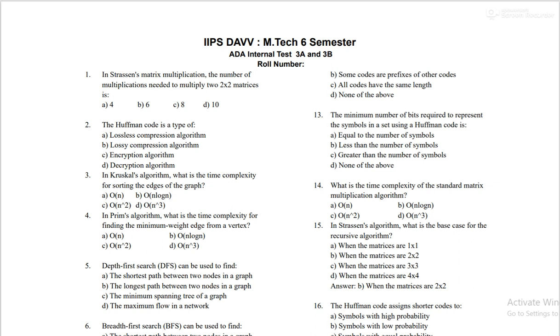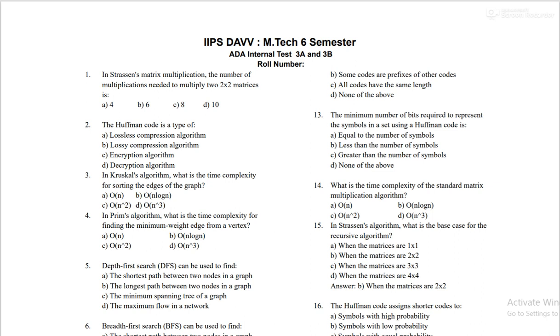After that we will start making the graph with the least weight of the edge. So for sorting the edges, the time complexity required is big O of n log n, that is option B. As we know, sorting algorithms have a time complexity of order of n log n, so sorting the edges in ascending order will require n log n time.